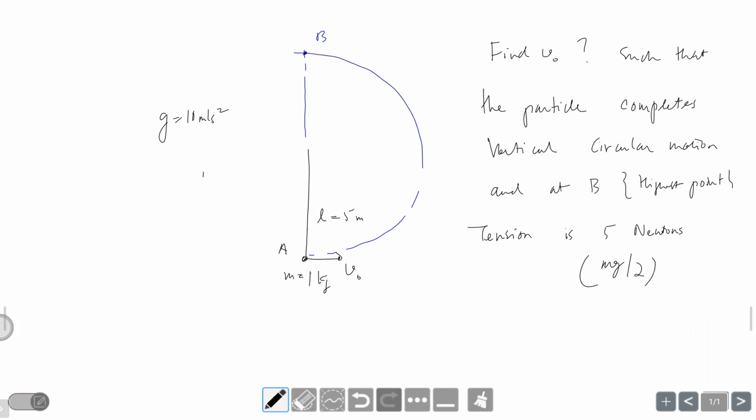So see, now a dynamical condition is given. The tension value is given. So what will help us? The FBD. The first thing is the FBD. At the highest point, make the FBD and relate the tension with centripetal acceleration. Because the tension is given, you can find V. Once you have found V at the highest point, then to find V naught, you have to relate work energy.